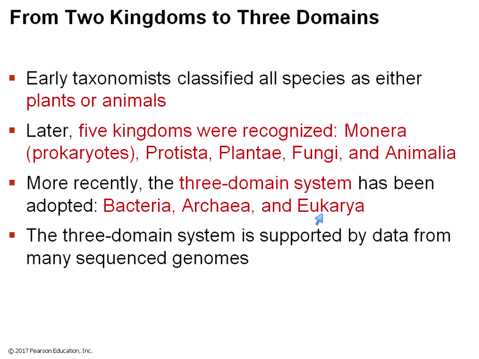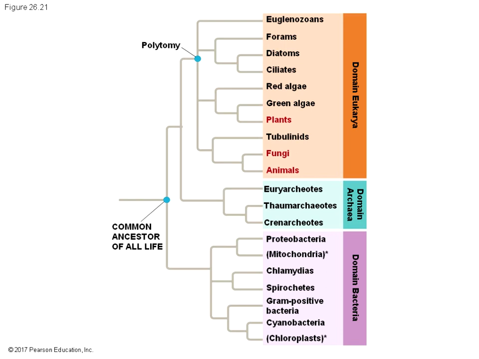Now, this is supported by data that comes from looking at all of these DNA sequences and comparing them. Okay? This gives you an idea of our 3 domains and an idea of the clades that fall into those domains. And we're going to talk about these a little bit at a time.